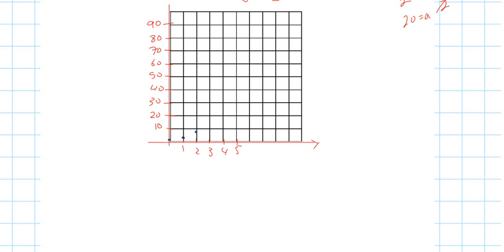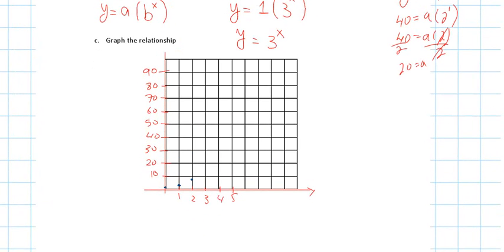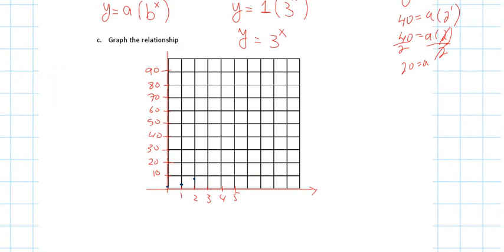What was the 3? 3 is 27. And what was 4? 81. Yes? So you see I put arrows because I know it's going to be continuous. It's not going to stop right there.